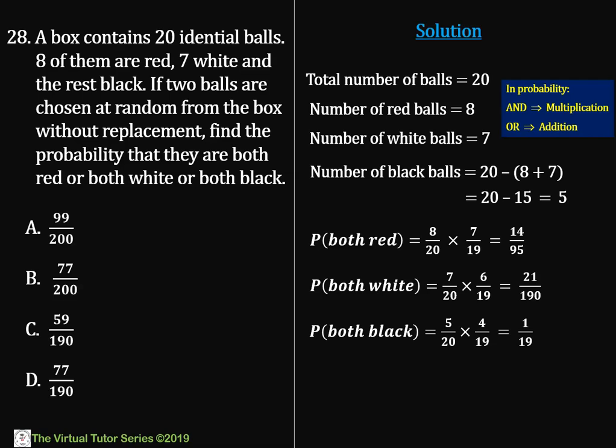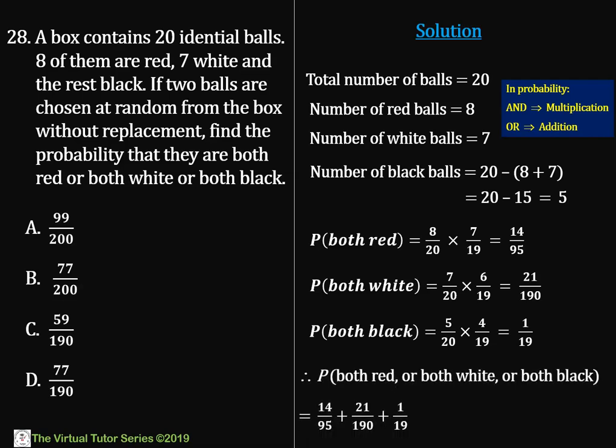Therefore, the probability that both of the chosen balls are red or white or black is 14 over 95 plus 21 over 190 plus 1 over 19.